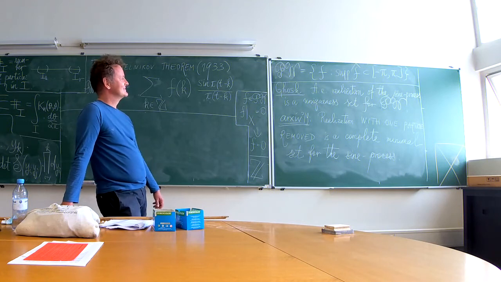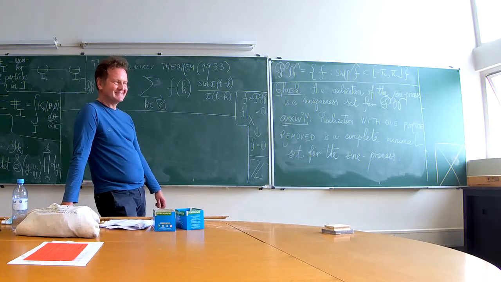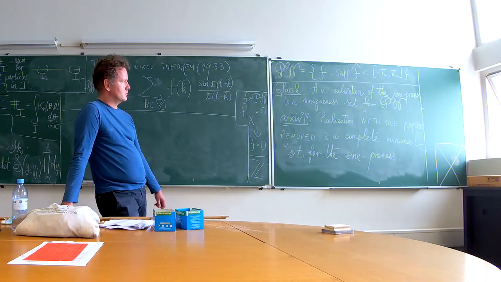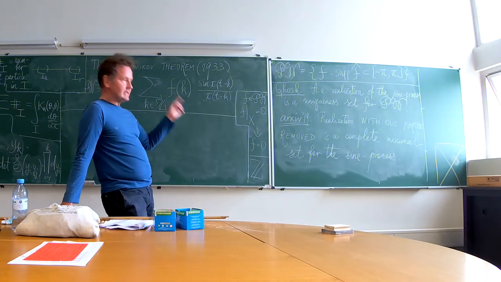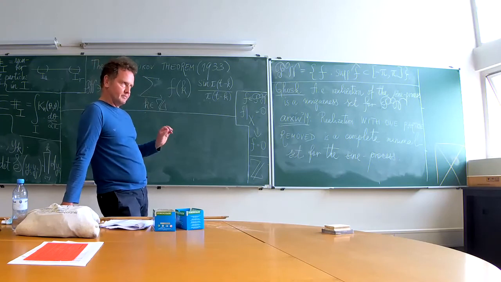There are plenty of new concepts, so I feel the need to understand, mainly because I'm not so familiar with this. This is a bit away from classical ergodic theory, so I want to understand the concepts. When you say complete minimal set, can you say again what it means, that it is uniqueness and minimal with this property?